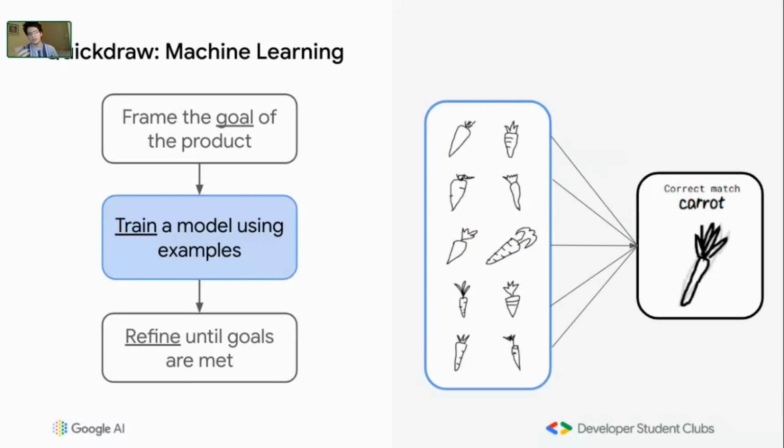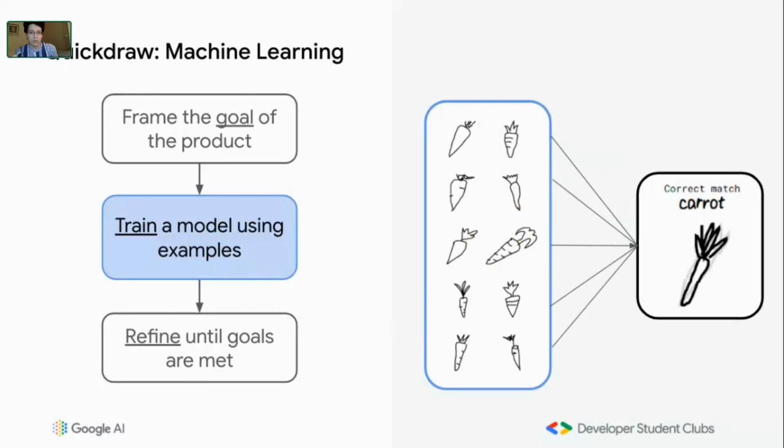So we're not doing if statements, and we don't need to say, well, if it has this length or if it has leaves, here we can just let our model train on this data. So we have these carrots, and as you can see, they're all different. I mean, there's not one that's identically the same.